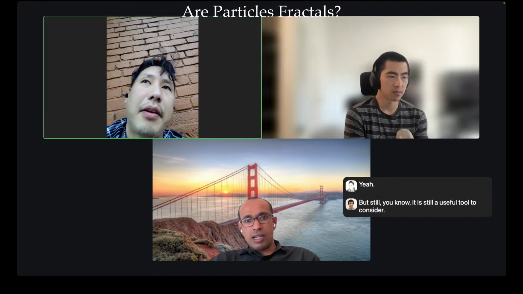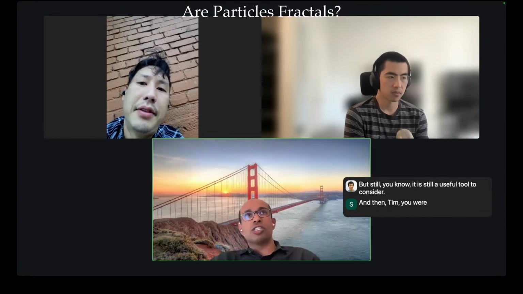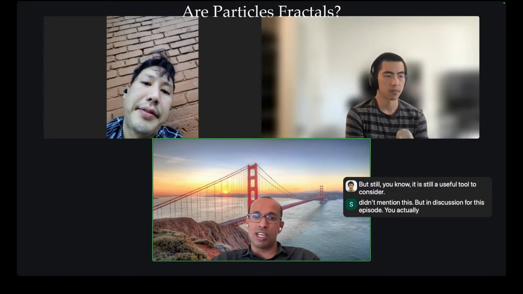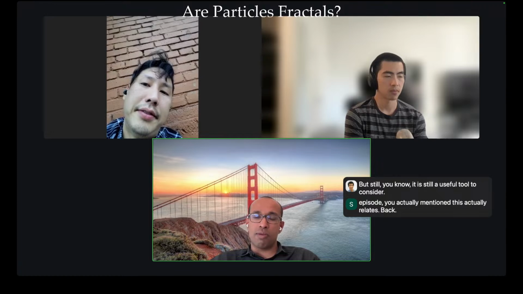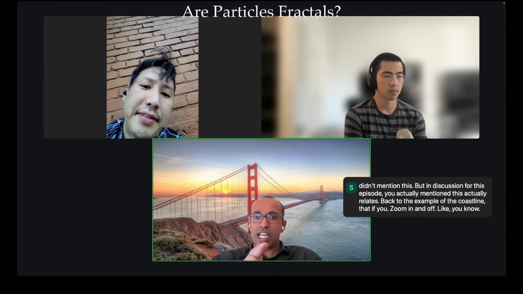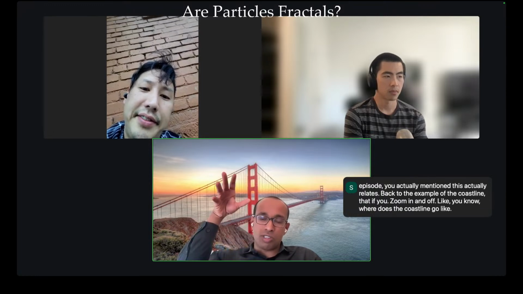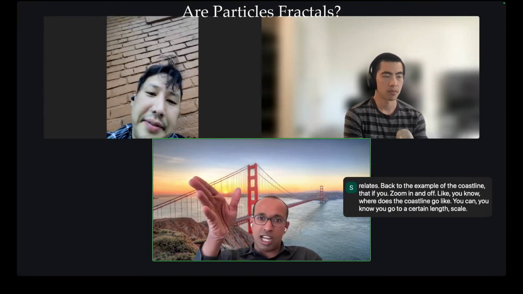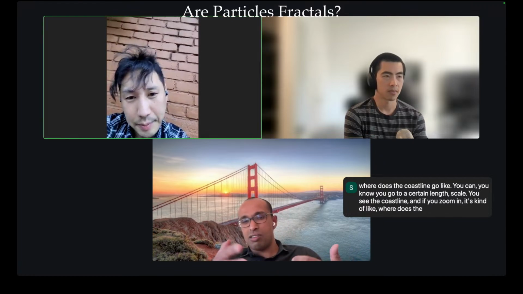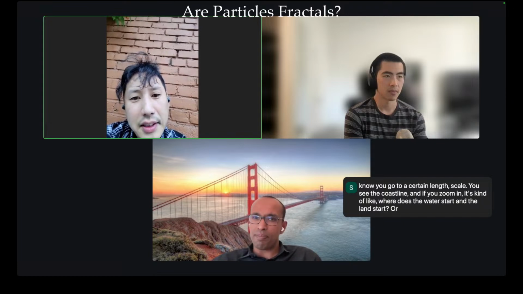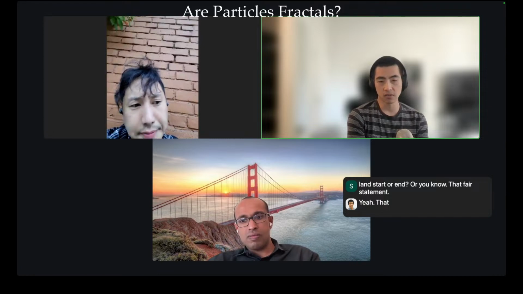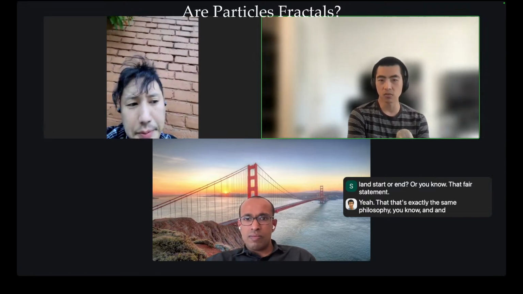And Tim, you didn't mention this, but in discussion for this episode, you mentioned this relates back to the example of the coastline of Britain: if you zoom in enough, where does the coastline go? You go to a certain length scale, you see the coastline, and then if you zoom in, where does the water start and the land end? Is that a fair statement? Yeah, that's exactly the same philosophy.